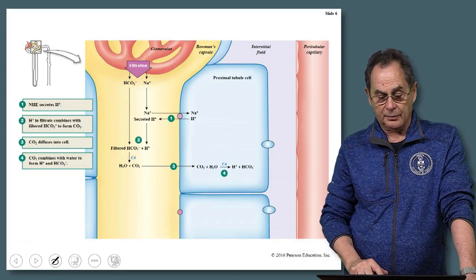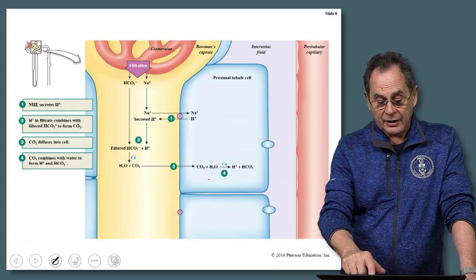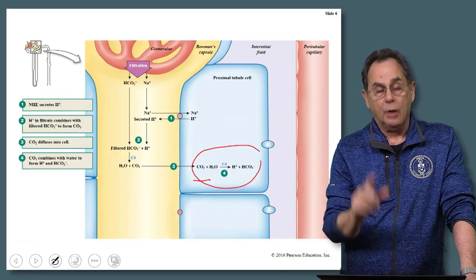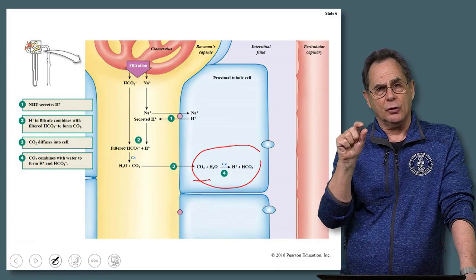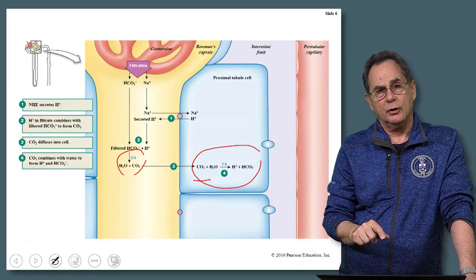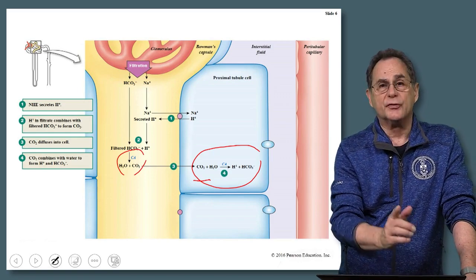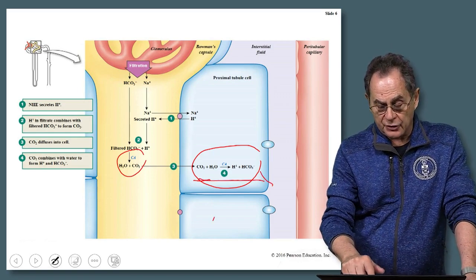And the next step is that the CO2 in the cell combines with water in a reverse manner, facilitated by an isoform of the carbonic anhydrase, the intracellular carbonic anhydrase, which facilitates the movement of the equilibrium in this direction.